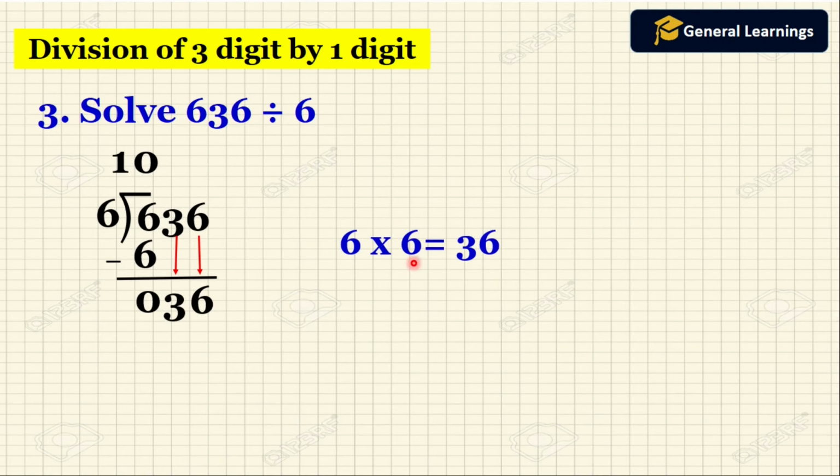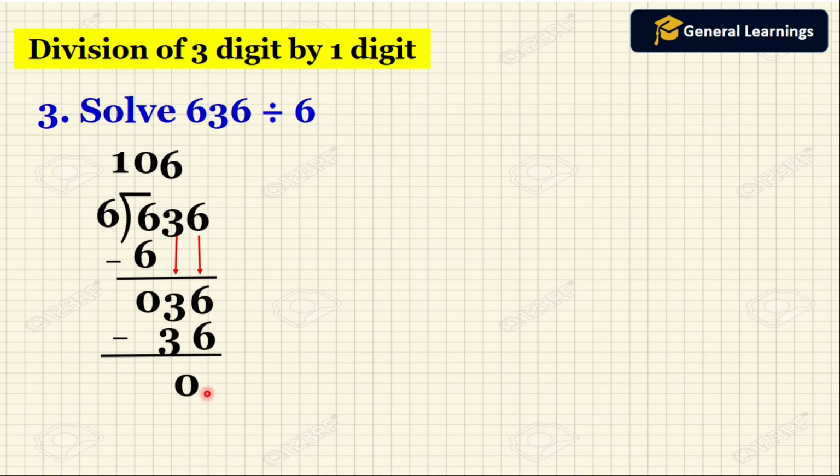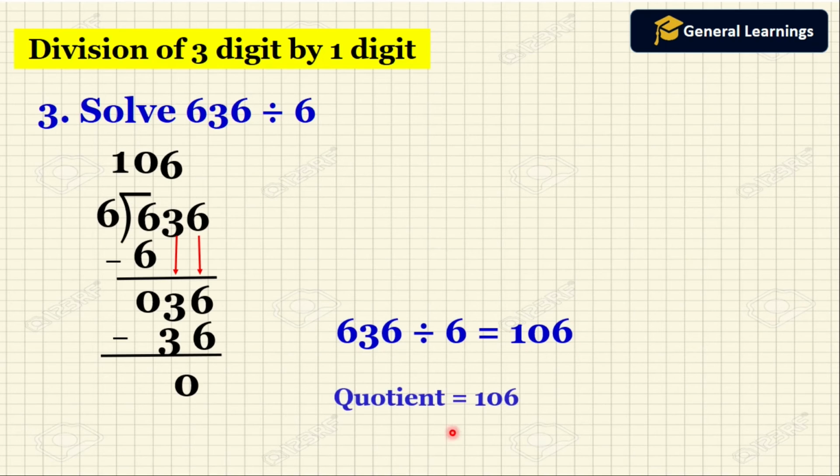So write this 6 in the quotient and then write 36, then draw a line and subtract. We get the answer as 0. So when we divide 636 by 6, we get the answer as 106. So here the quotient is 106 and the remainder is 0.